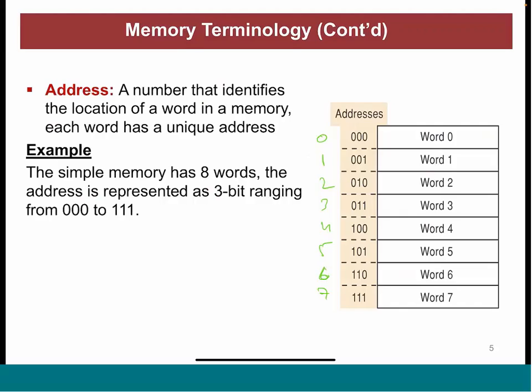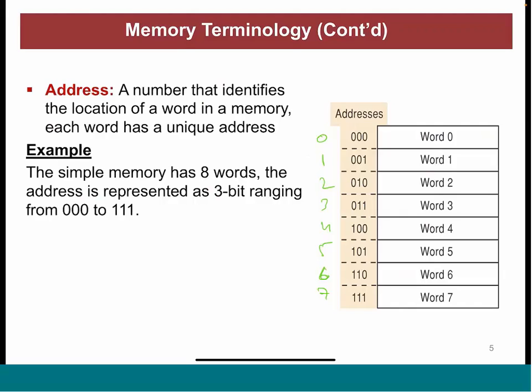In the case of memory, we call this not the row number, but the address. So in each memory location or each memory word, it has a unique address. So 0, and of course we represent this in binary.